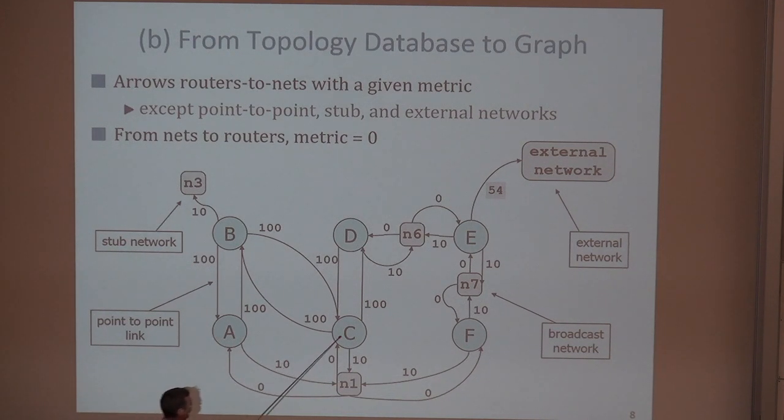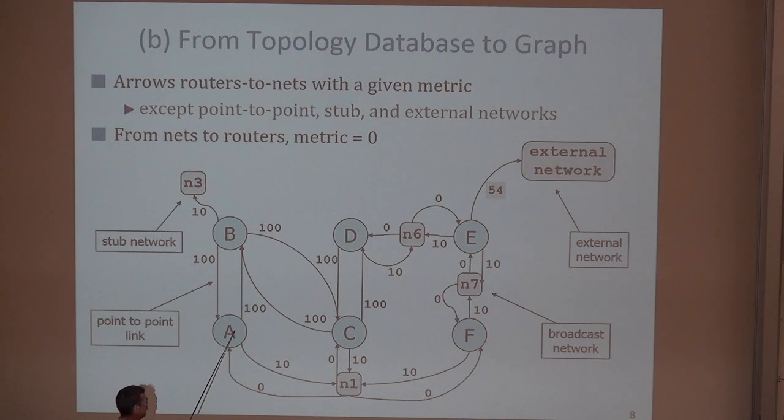In the graph, we take the convention that if there is a local area network like N1, a network prefix that is shared medium, which is the general case, we add it as a node to the graph, and we put a cost of going to that node equal to the true cost we gave to the network, and in the reverse direction, we put a cost of 0.